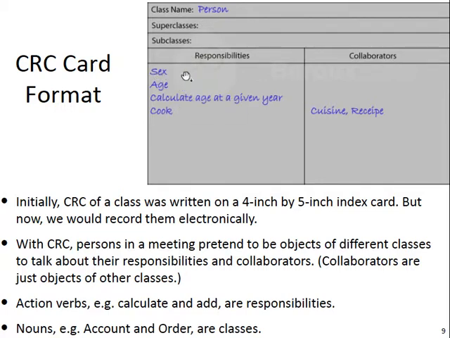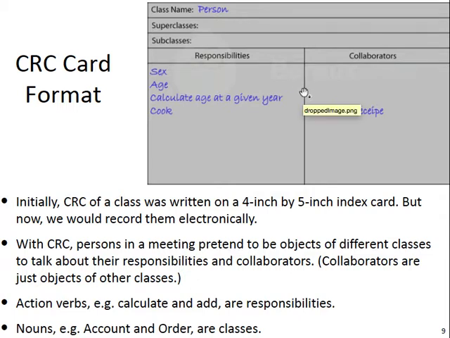Okay, the data side could be ingredients, right? A recipe would have ingredients, and then the action part would be perhaps instructions, how to cook, step 1, step 2, step 3, and so on. So a recipe would have its own responsibility. And since person is a collaborator of recipe, probably recipe would also be a collaborator of person.